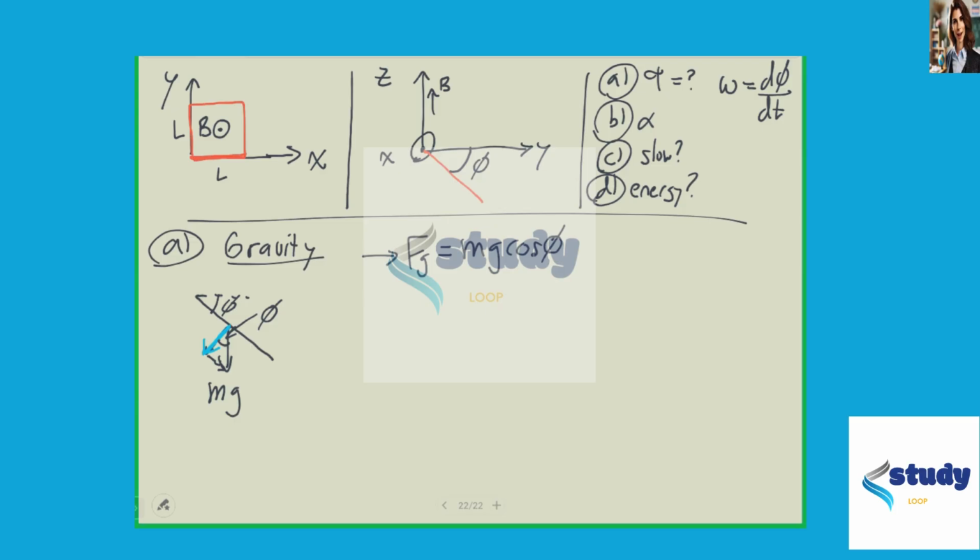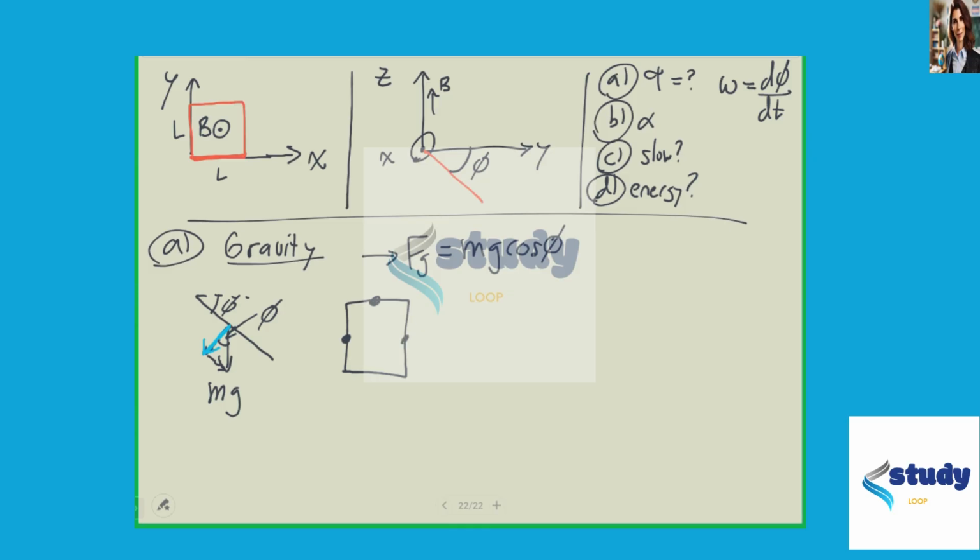Now, we have to be a bit careful because the different branches of the square are going to experience different torques because they're different distances away from the axis. But if you remember, so here's the square, here's the head-on diagram. Gravity acts as if it were at the center of mass of an extended object.